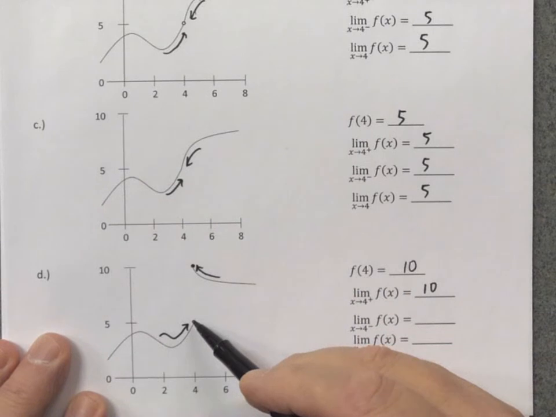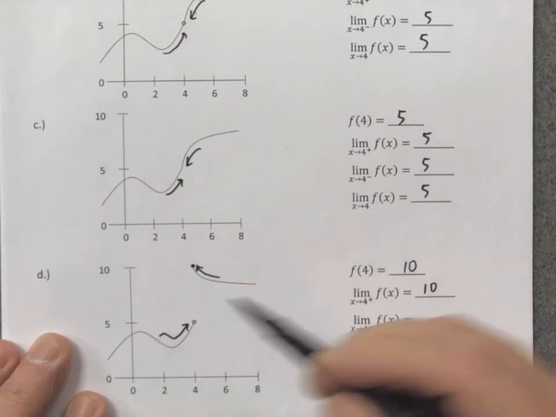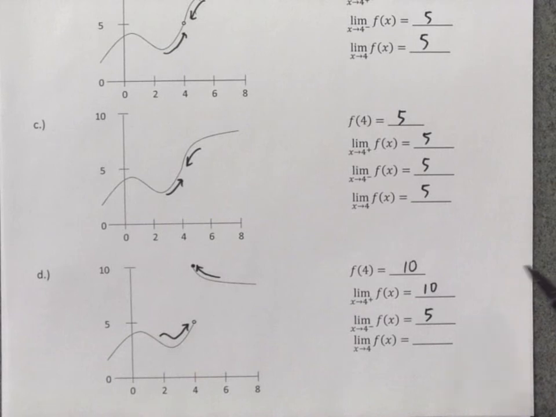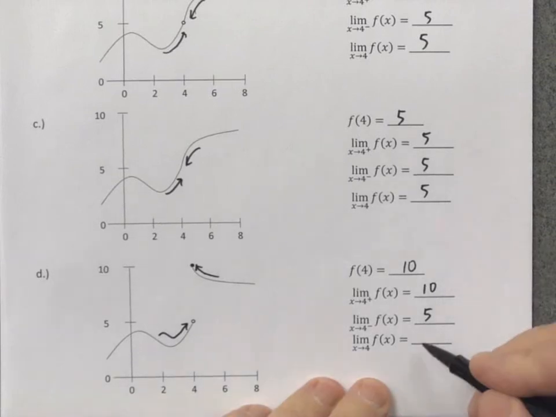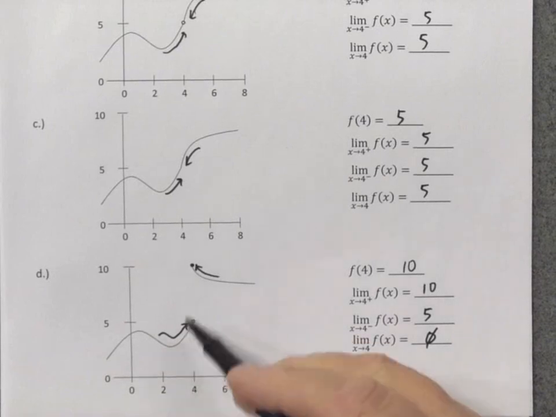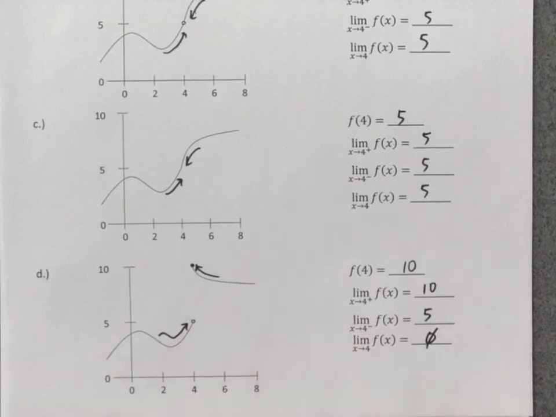What number am I approaching for the function? 5. Now obviously from looking at the graph or these numbers, we're not approaching the same value of the function from the high and the low side. So obviously there's no limit, which is also obvious from the graph.